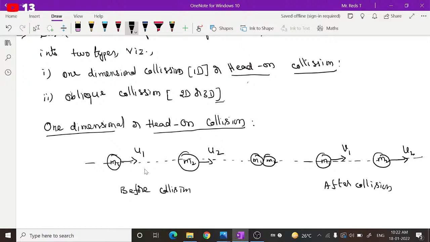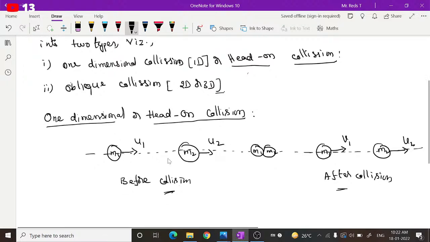Or you can say, if the velocities of the colliding bodies are confined to the same straight line before collision and after collision, such kind of collision is called one-dimensional collision or head-on collision.